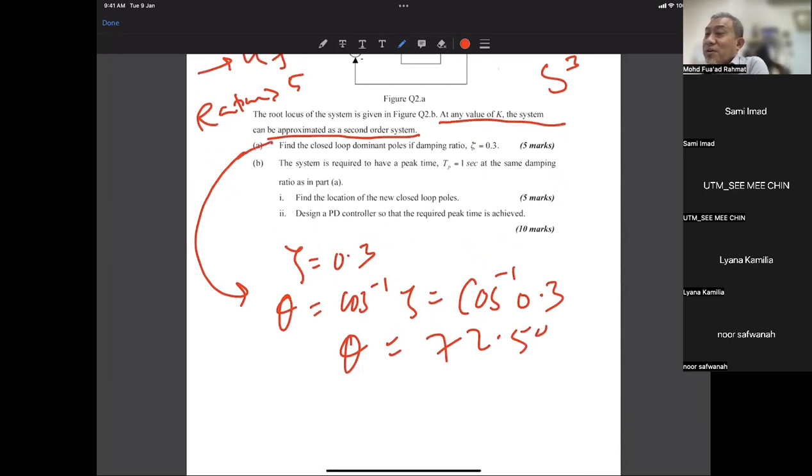Then the system is required to have a peak time of 1 second at the same damping ratio as in part A. So this is the new peak time. What is the old peak time?